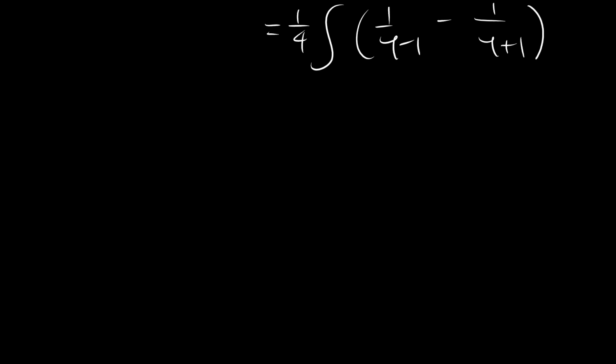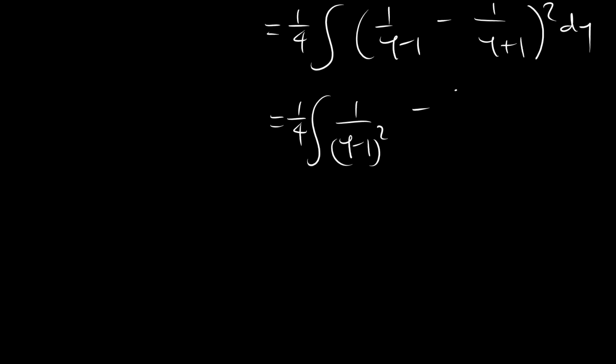So we have a quarter integral of 1 over y minus 1 minus 1 over y plus 1, squared, which is a quarter integral of 1 over y minus 1 squared minus 2 over y minus 1 times y plus 1 plus 1 over y plus 1 squared.